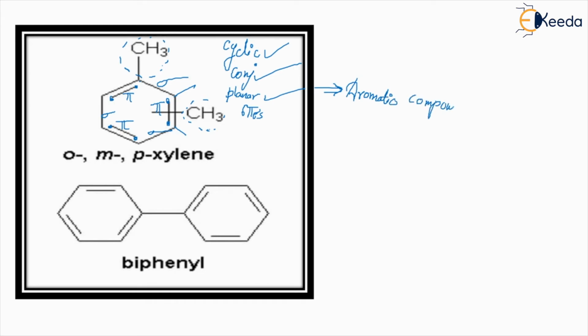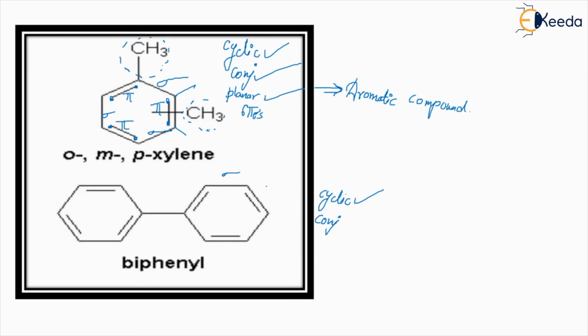In the same way, we'll also find out for biphenyl. I'll just erase this C out properly and write it back again. It's an aromatic compound. For biphenyl, is it cyclic in nature? Yes. Is it conjugated in nature? Let us see.